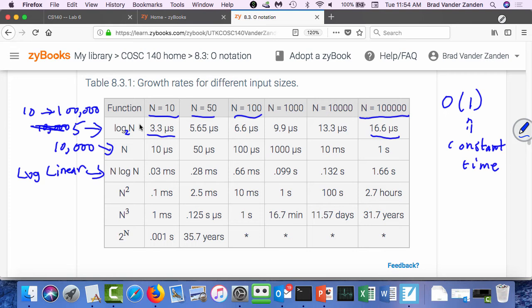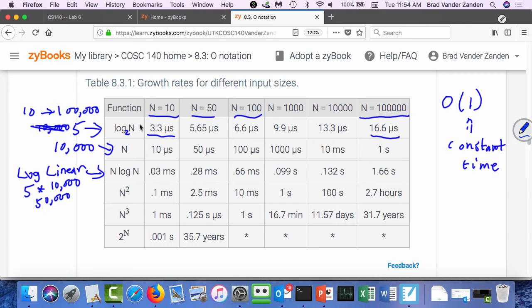Well, 50,000, because the log increases by a factor of 5 and the linear increases by a factor of 10,000, so log linear is going to be about 50,000 times longer. So it's not horribly worse than linear, but it's not all that much better either.